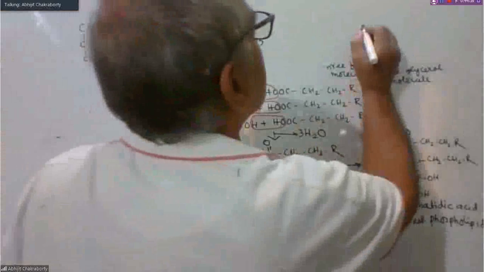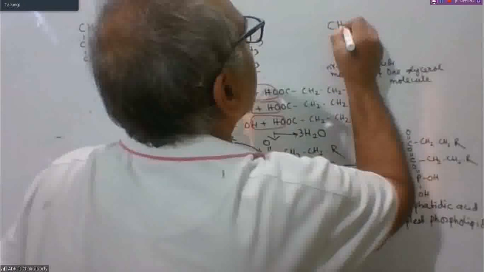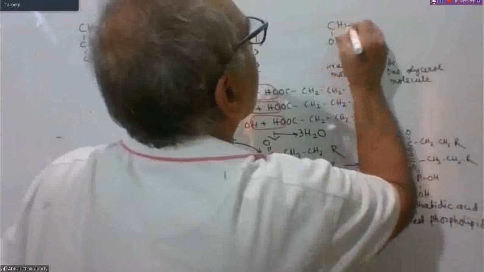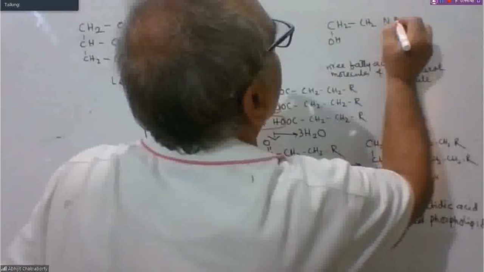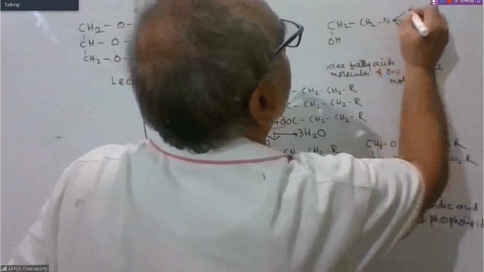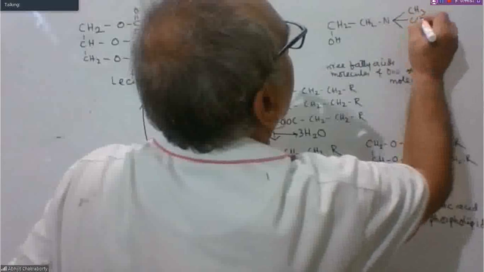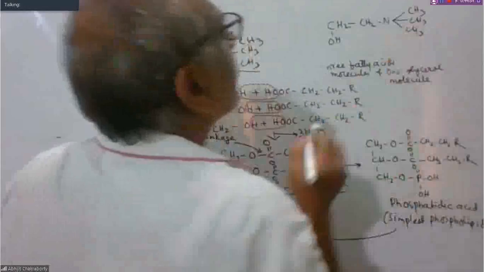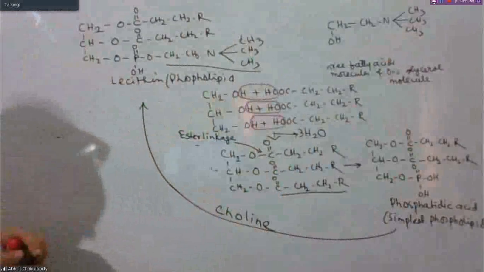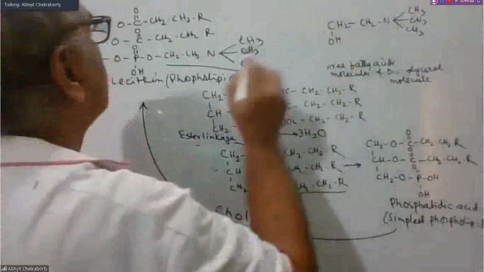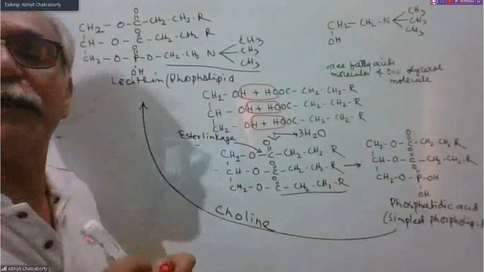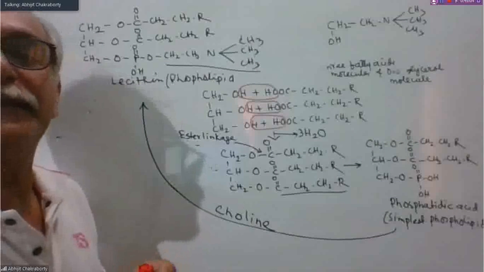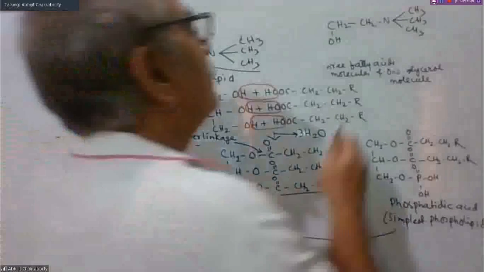Choline, the structure is, and this phosphate takes part in the formation of an ester linkage again. So this is the choline.